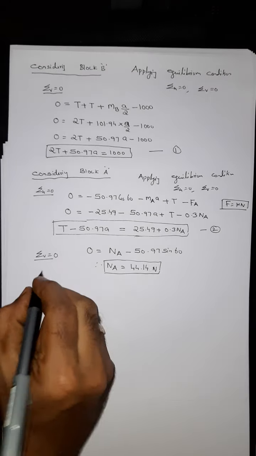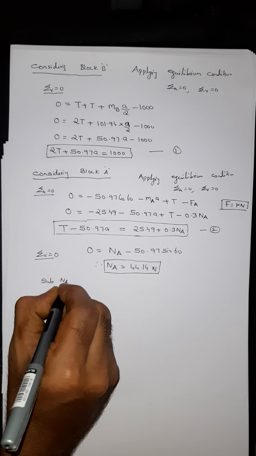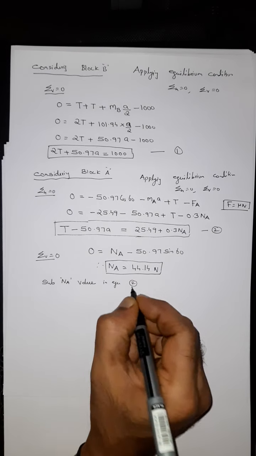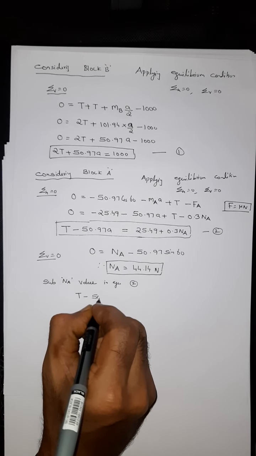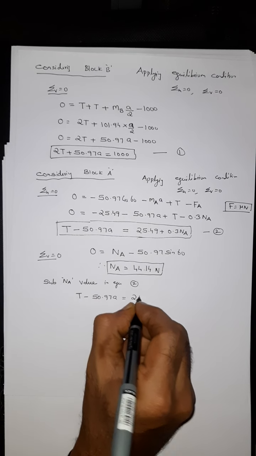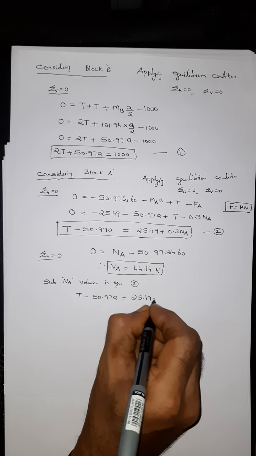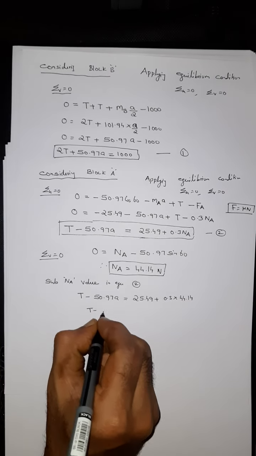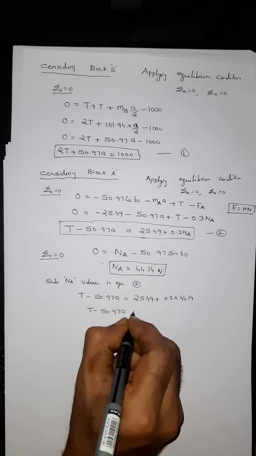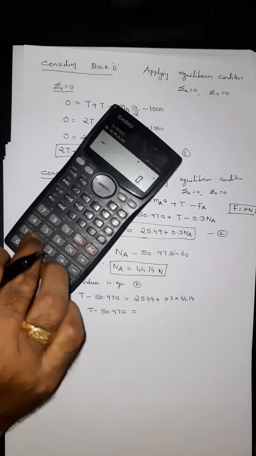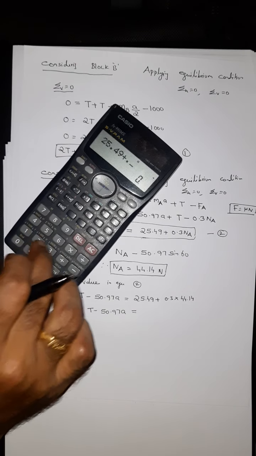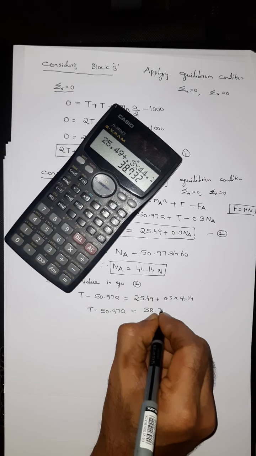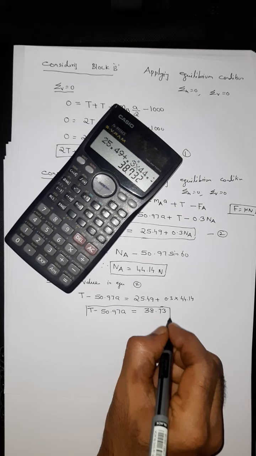Substitute the NA value in equation number 2. Therefore T minus 50.97 A equal to 25.49 plus 0.3 into 44.14, which is 38.73. This is equation number 3.